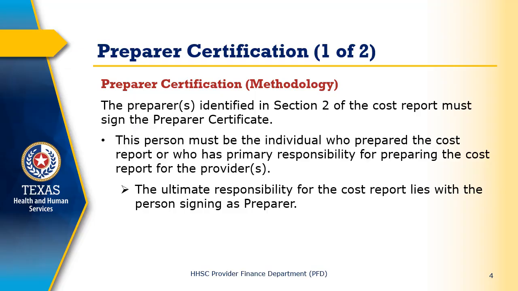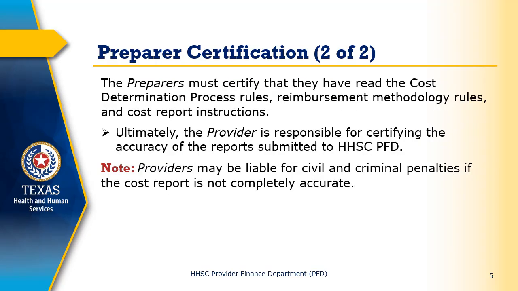It is important to note that the information will be pre-populated using the details entered to identify the entity contacts as specified in STEPS. Section 15 allows preparers to certify the accuracy of cost reports submitted to PFD. Providers may be liable for civil and/or criminal penalties if the report is not completed according to HHSC requirements or is determined to contain misrepresented or falsified information.